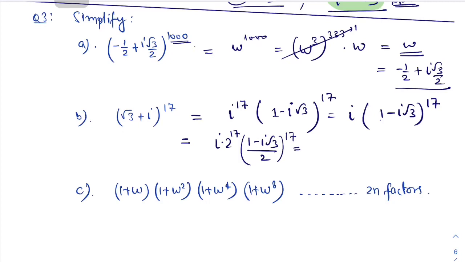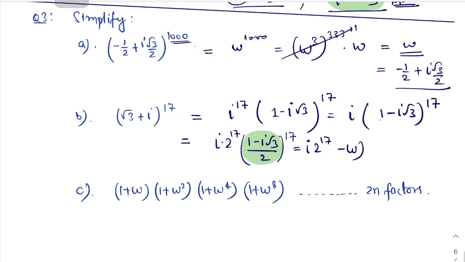So 2 to the power 17 into iota, and now check what is this 1 minus iota root 3 upon 2. Omega is equal to minus 1 plus iota root 3 by 2, so minus omega will be 1 minus iota root 3 by 2. So in the bracket this is nothing but minus omega.